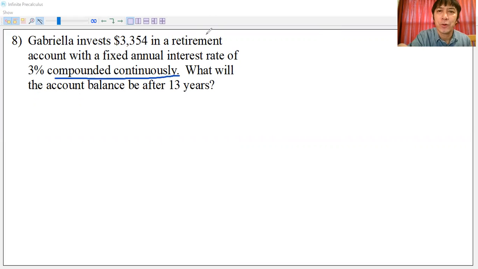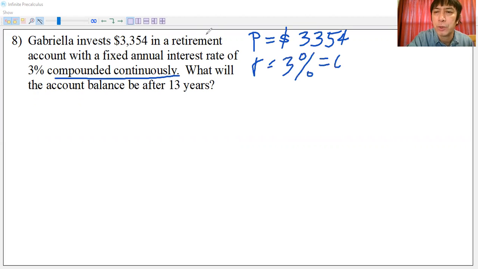The given, we have the amount invested at 3,354, fixed annual interest rate of 3%, equivalent in decimal to 0.03. Time is 13 years.